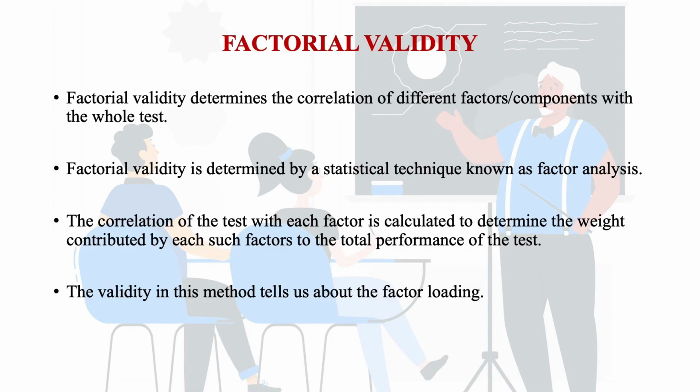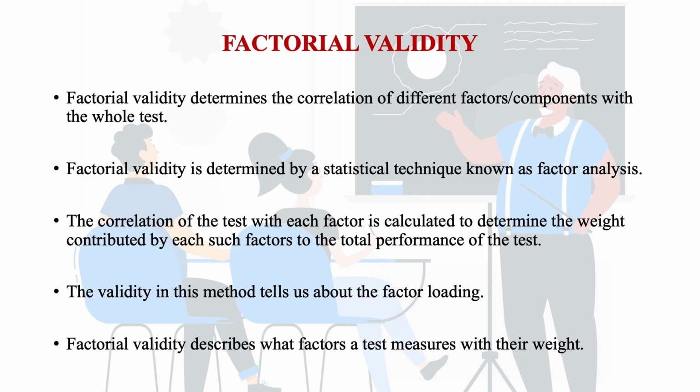So that's why here what you have to do, you have to analyze which factor is contributing how much, which factor is contributing very largely and which factor is a very negligible factor, and that is also called factor loading. Factorial validity describes what factors a test measures with their weight. That means the factors are putting a certain load, a certain weight. So you have to analyze how much weight each factor is putting.